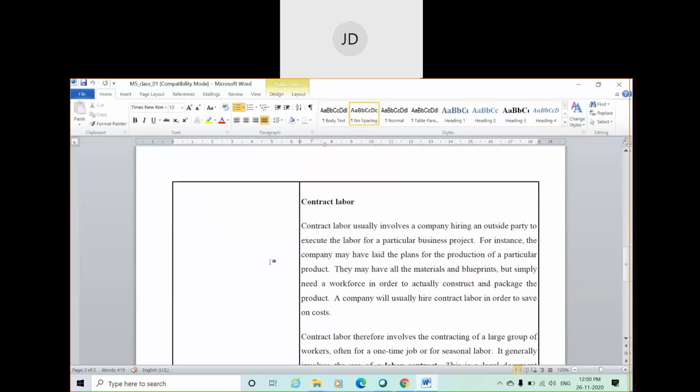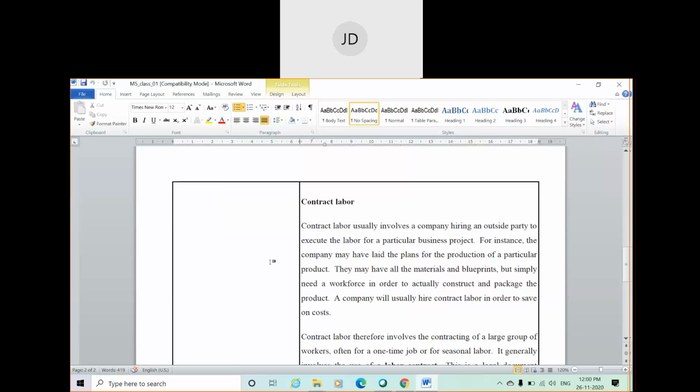If I consider a civil engineering construction work, for a building, the permission, the layout, the design, the materials, the machinery, all these things will be considered by the company or the contractor. Only to do the work physically in that particular field, labor is required, and that is done by contract labor.